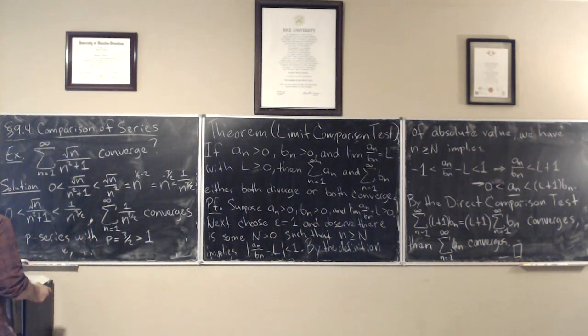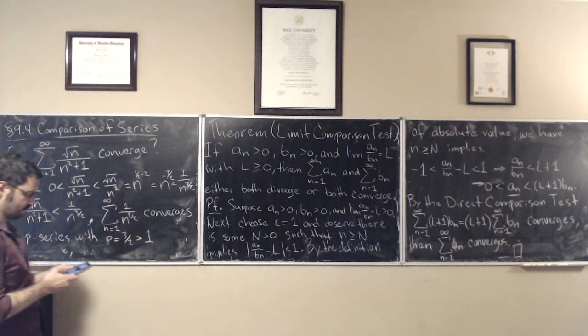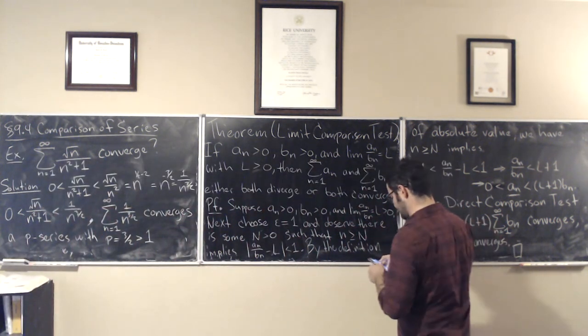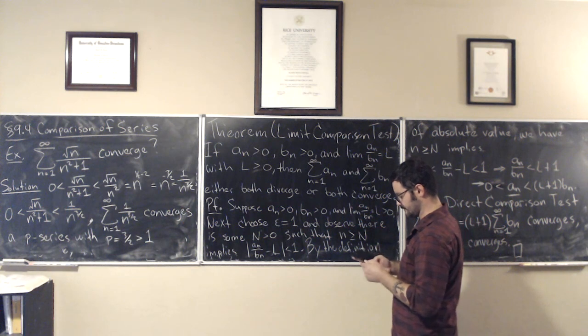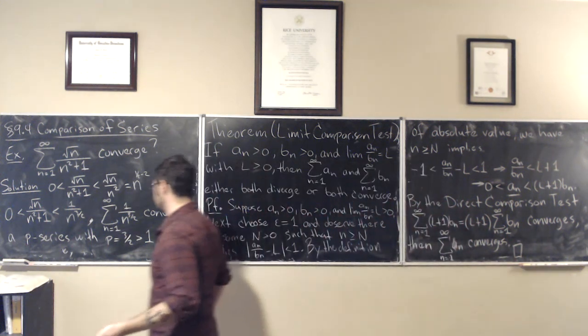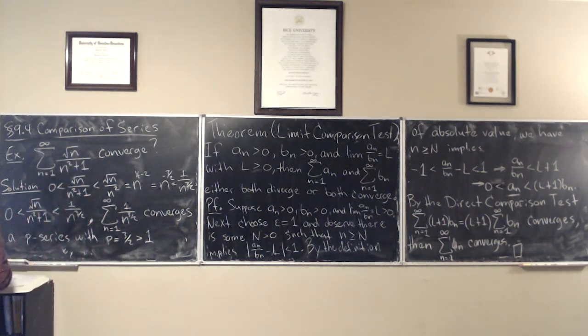I wonder why they had that example in the textbook. Am I doing something wrong? Let me see. I feel like I might have just had a brain fart, because yeah, p is greater than 1 for a p series. Oh, wait a minute.